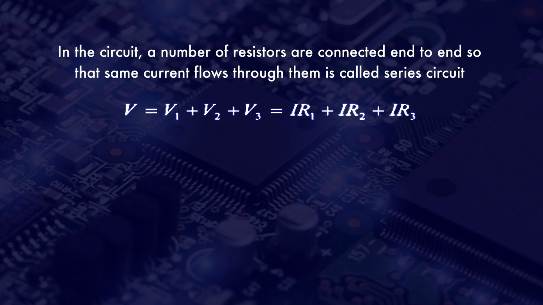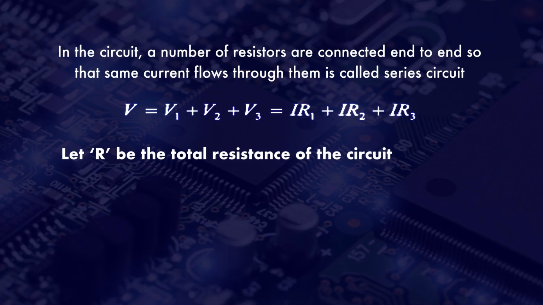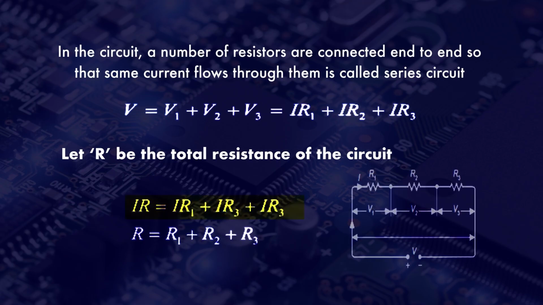Here you can see I is common in all three terms. Suppose the total equivalent resistance across this circuit is R. So total voltage can be written as V equal to IR. So the equation will be IR equal to IR1 plus IR2 plus IR3.